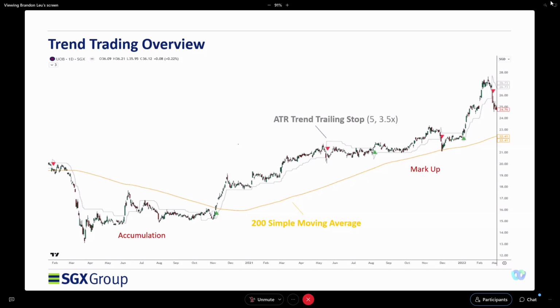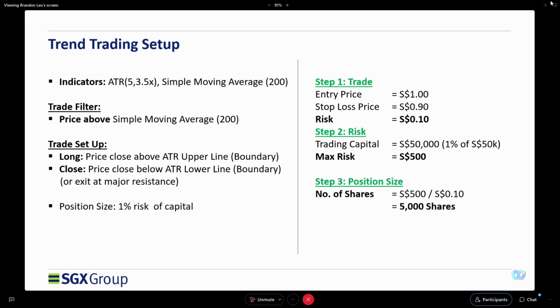So we'll be coming up with a few examples. This is how the trade is set up. The two tools that we use are ATR and moving average. We like to use the moving average to filter for stocks that are likely to be in the markup phase. So this is the filter that I mentioned.